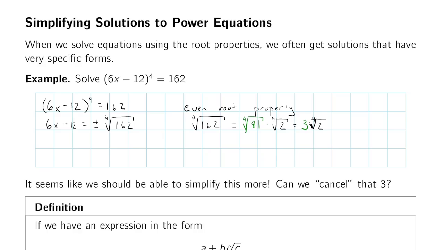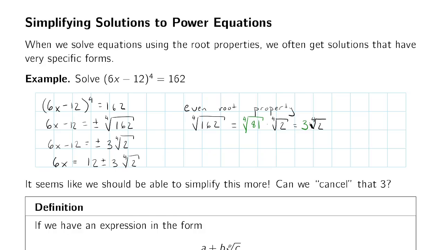Okay, so we have 6x minus 12 is plus or minus 3 times the fourth root of 2. We'll add 12 to both sides and get 6x equals 12 plus or minus 3 times the fourth root of 2.